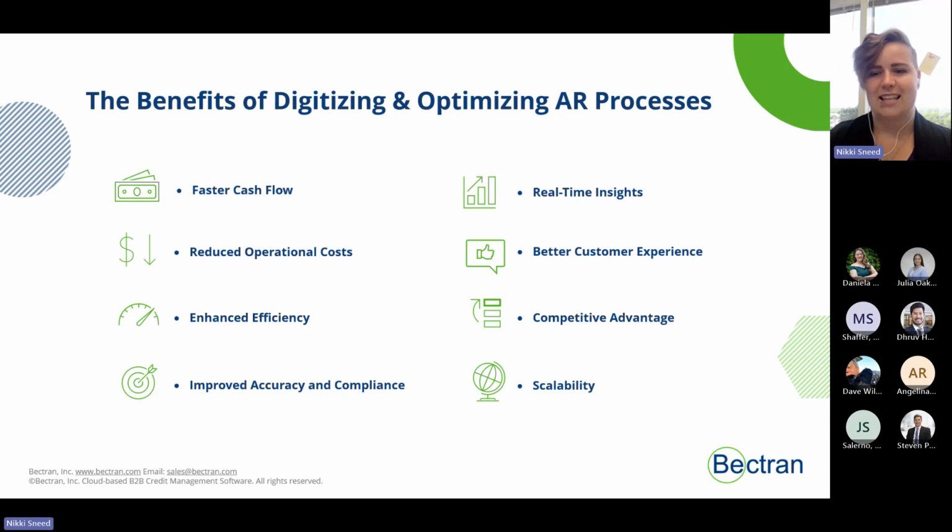Real-time insights. This is another really important one. You will need to be able to see at a glance how accounts are doing and the entire life cycle of them in real time with the most up-to-date information in order to make the most informed decisions. Digital accounts receivable processes that are truly comprehensive will provide that real-time visibility into outstanding invoices, payment trends, customer behaviors.